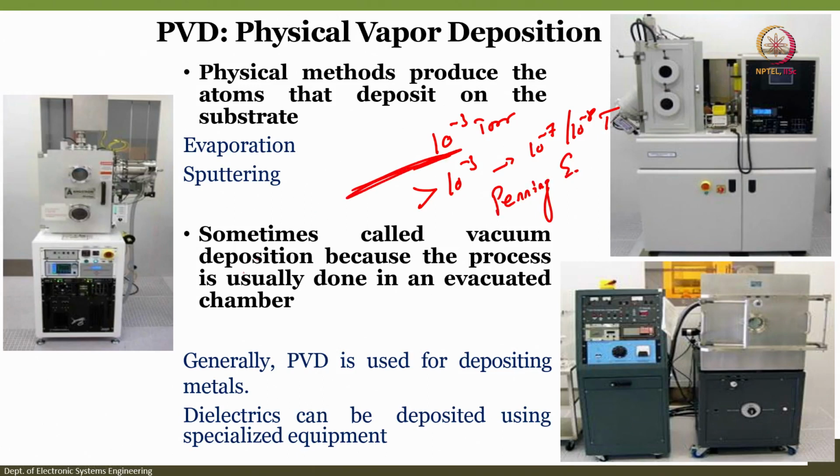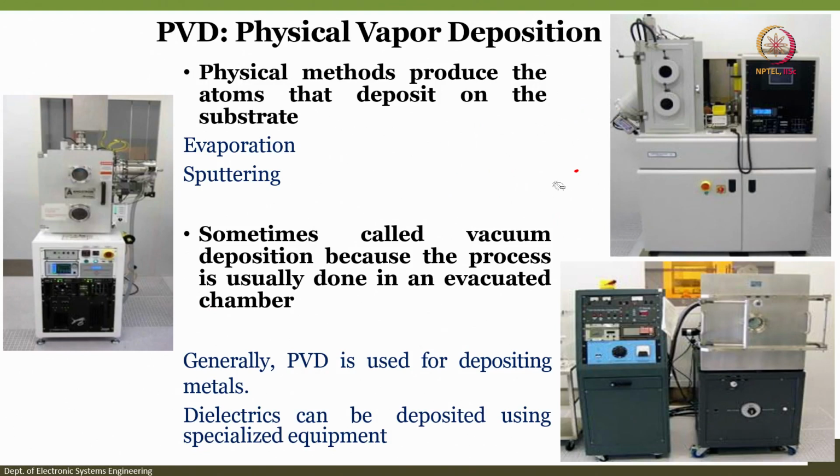Pirani is up to 10 to the power minus 3, Penning is for greater than 10 to the power minus 3 onwards. So, these are some of the things that you need to understand about the evaporation system, right.